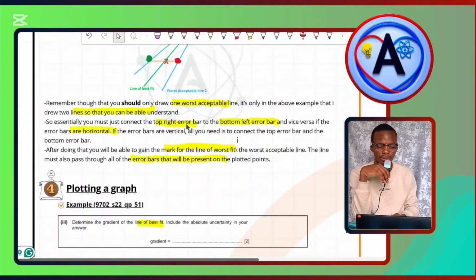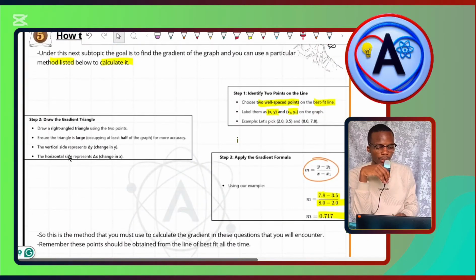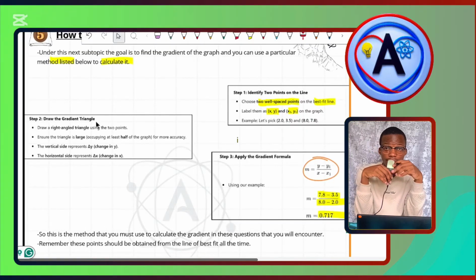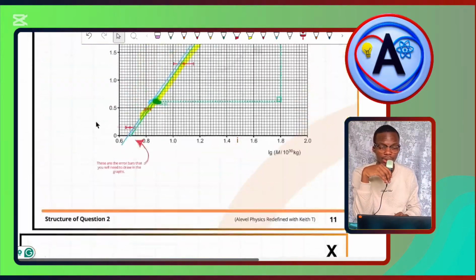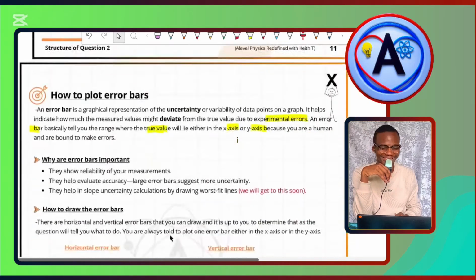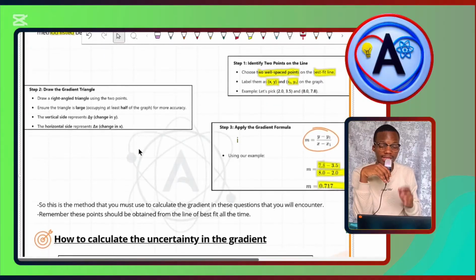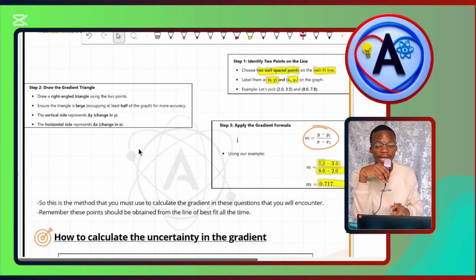That's basically their goal. After doing that, we're going to draw the gradient triangle. That's the gradient triangle that I drew over there, as you saw. This is my gradient triangle. Very nice triangle. And you're going to then apply the gradient formula. So you're going to have 2 points.